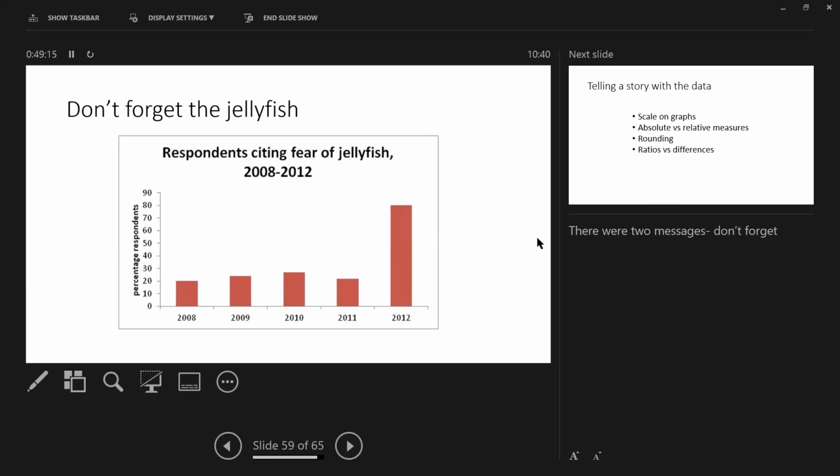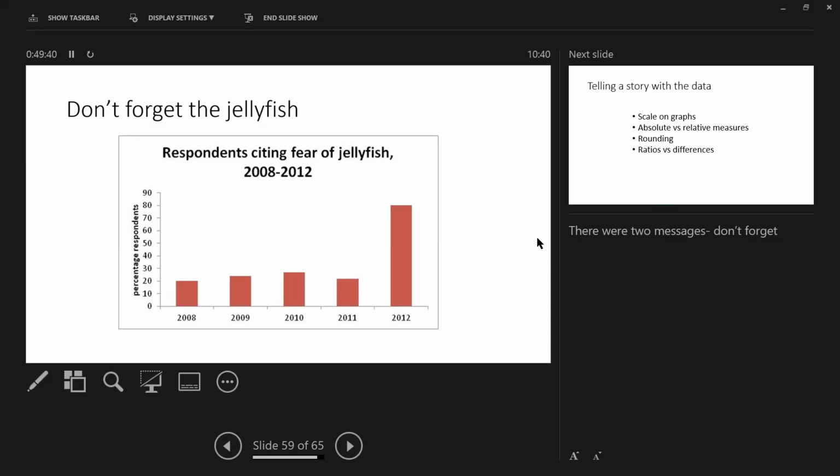And this is descriptive data. This could be a reason for looking into it, as hypothesis generating. There's an increase in fear of jellyfish. Why is that? Maybe there was a movie about giant killer jellyfish, who knows? But you could look into the reasons as a different study.